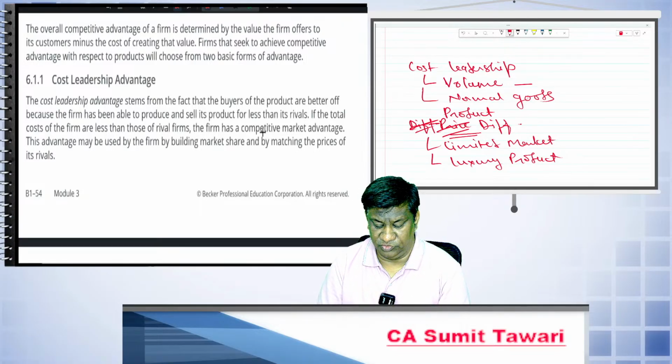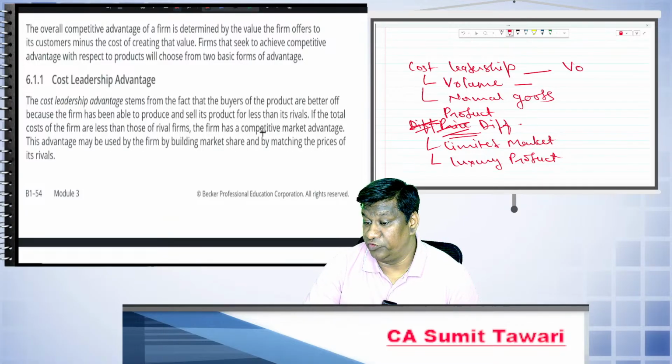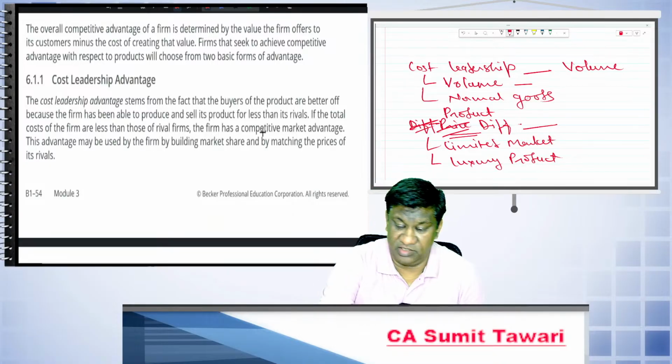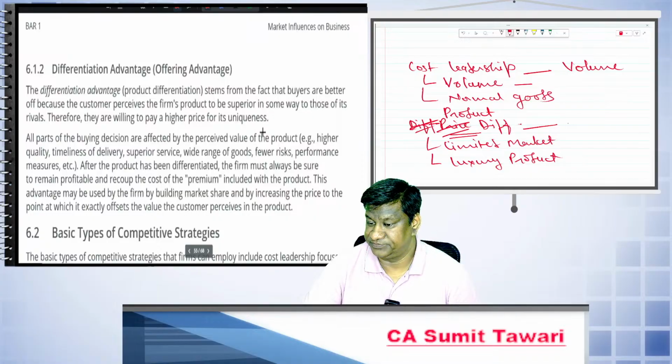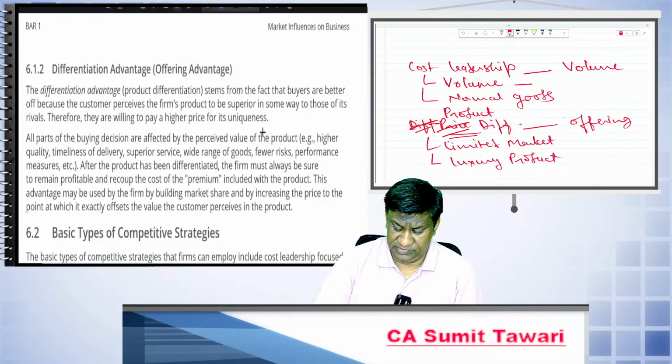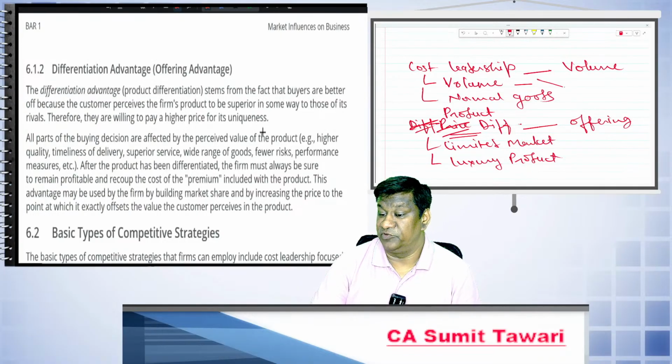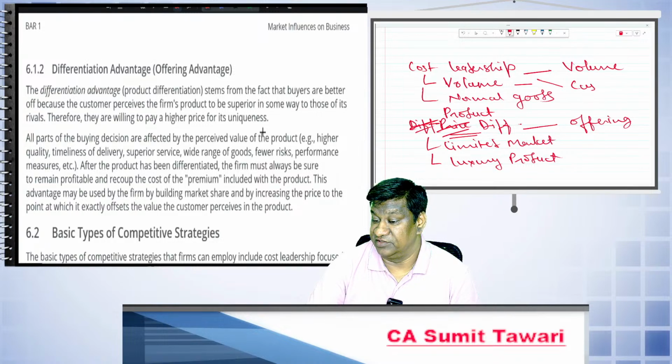So in cost leadership, our focus is on volume, and in product differentiation, our focus is on offering, what additional features we are offering. In cost leadership, you cannot do much customization, you produce the standard. Here you can do the customization.